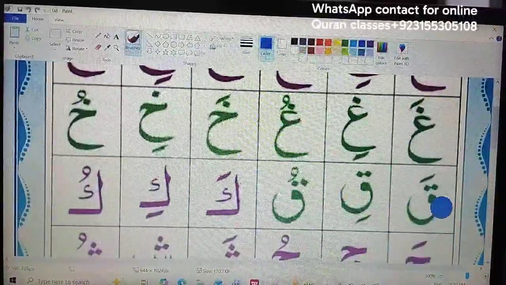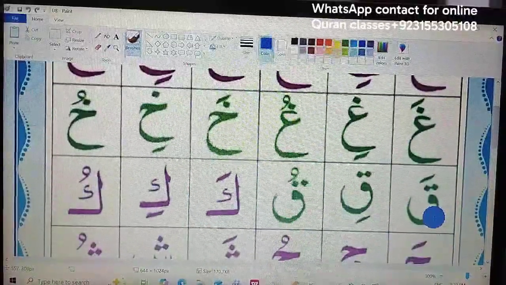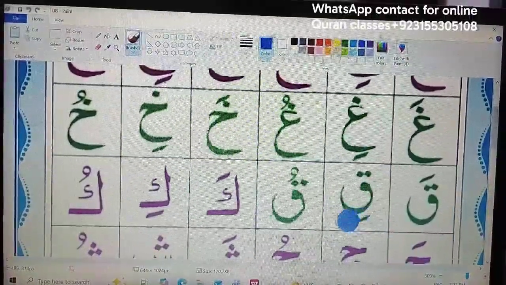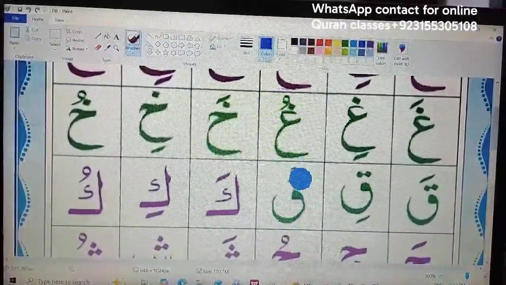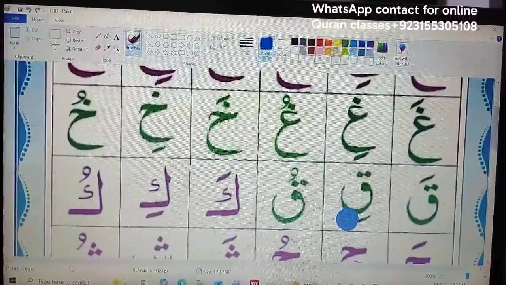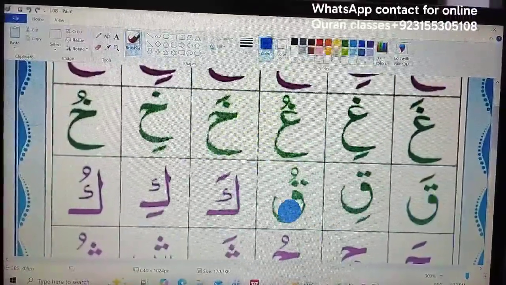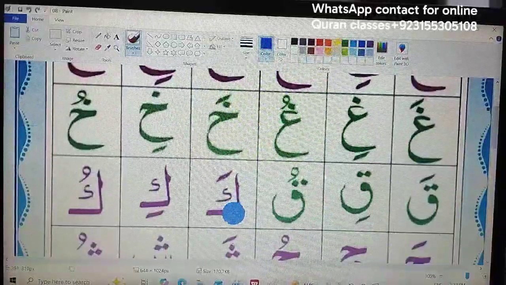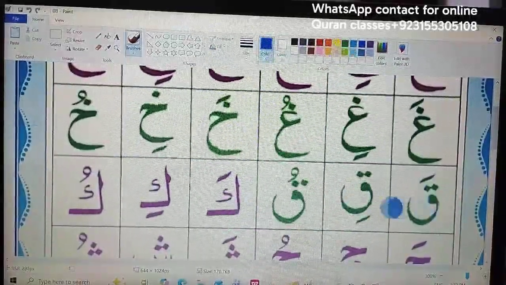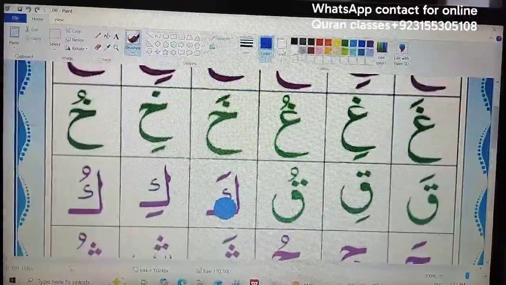Next letter is qaf, fatha, qa. Qaf, kasra, qi. Qaf, dhamma, qu. Next is kaf, fatha, ka. These three are heavy and this is light.